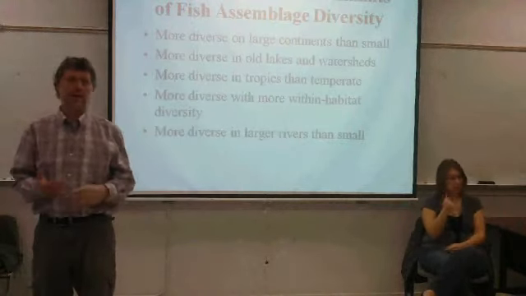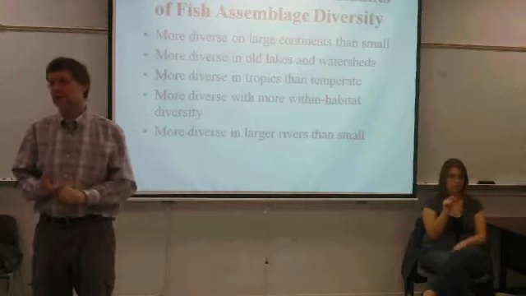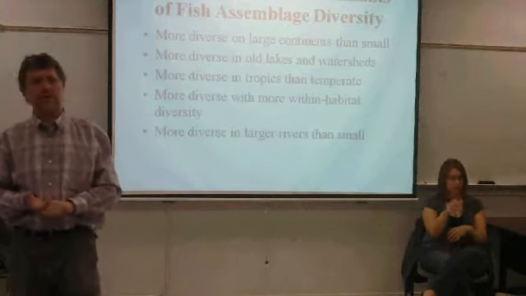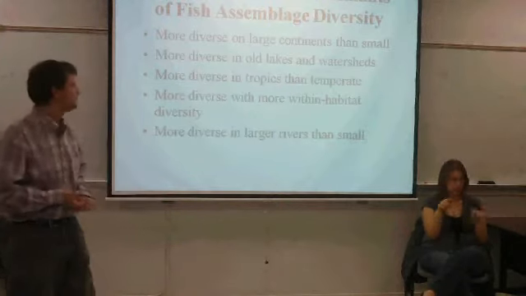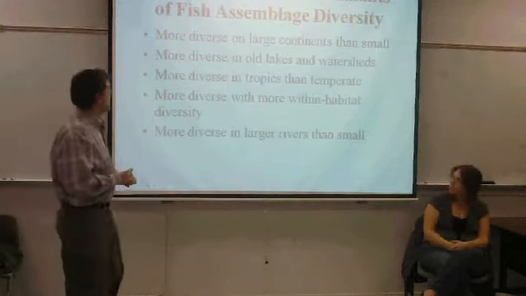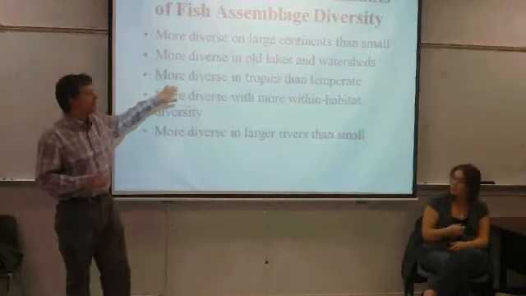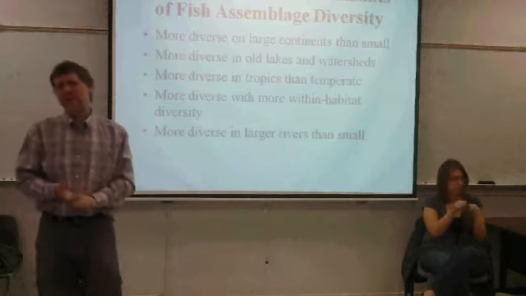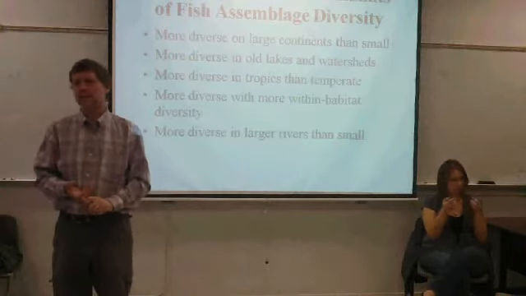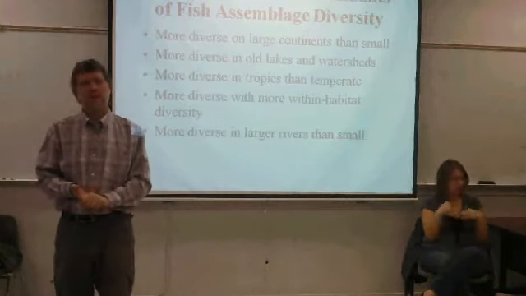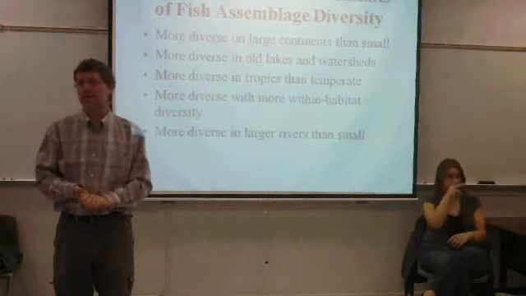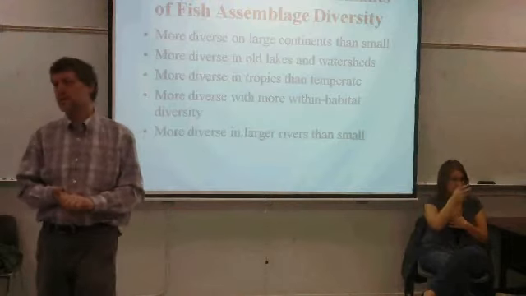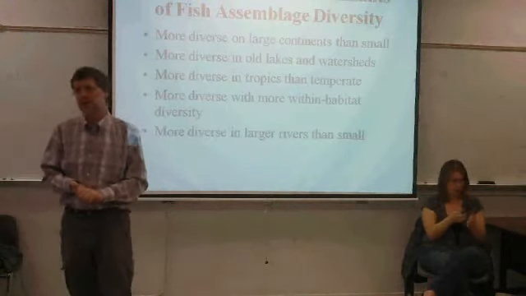And then we talked about Lake Baikal and Tanganyika and some of those old African Rift Valley lakes, where time for evolution drives biodiversity. Fishes are more diverse in the tropics than the temperate systems, and that's a fairly general pattern that occurs with plants and terrestrial animals as well, and terrestrial insects, although for some reason aquatic insects don't seem to follow that pattern so much.